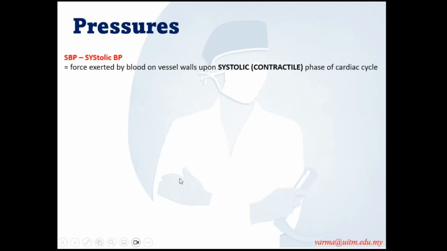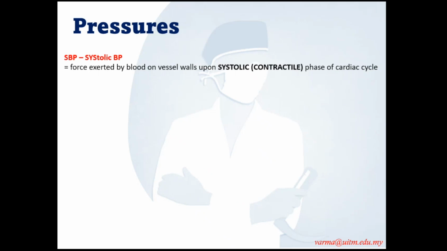First, systolic blood pressure. As the name suggests, it's the force exerted by the blood on the vessel walls during the systolic contractile phase of the cardiac cycle. Your cardiac cycle has a systolic phase and a diastolic phase. In one part it contracts, in another part it relaxes. In one part it ejects the blood out of the heart, and in another it receives and fills up the heart. So the systolic phase is the contractile phase of the cardiac cycle.